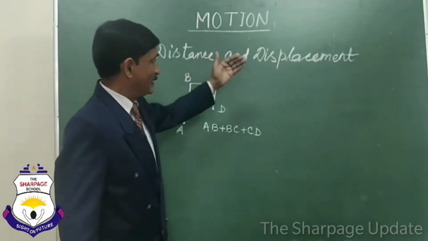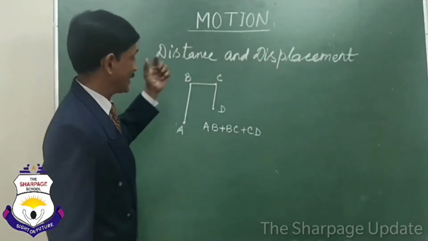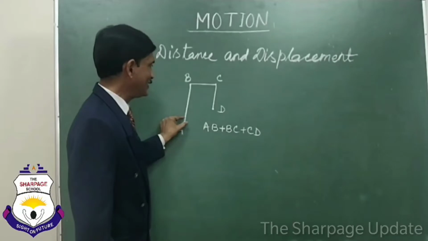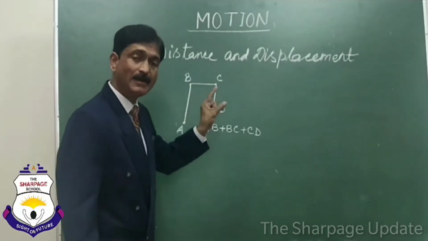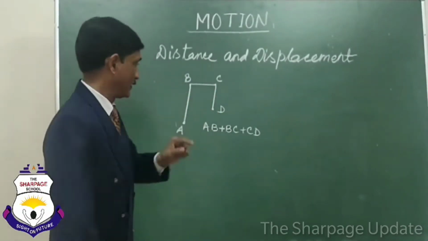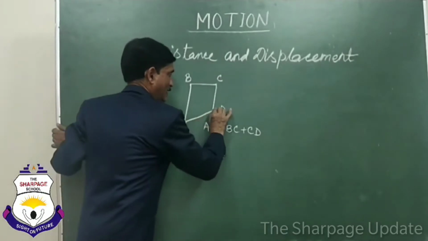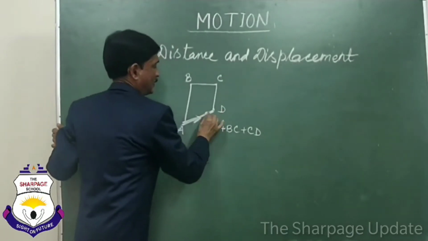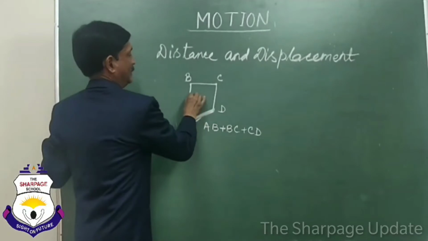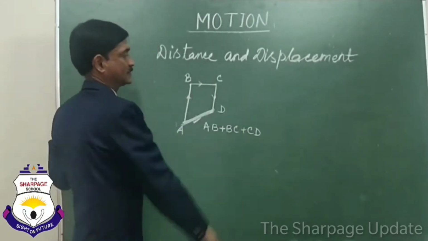But displacement is the distance between point A and point D. This is the displacement and this is the distance.